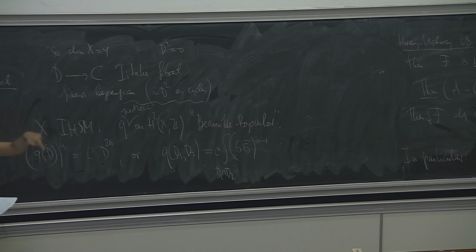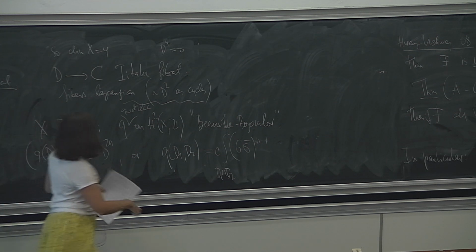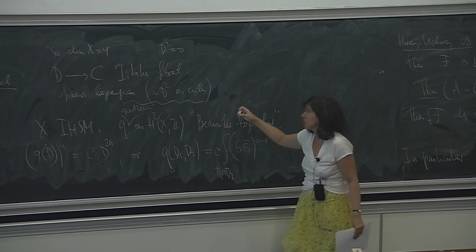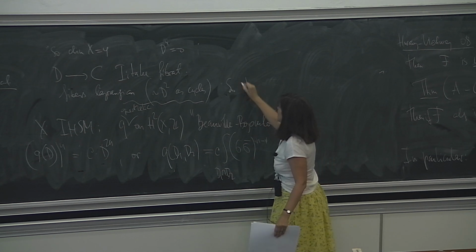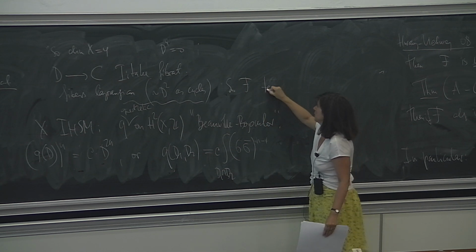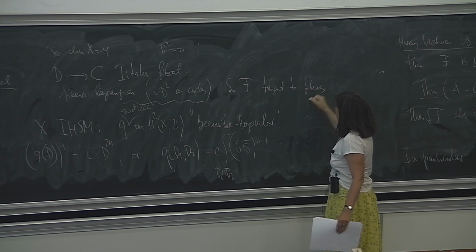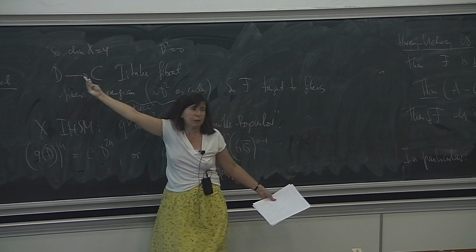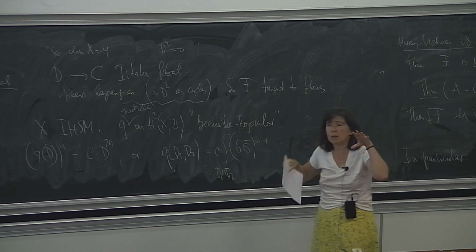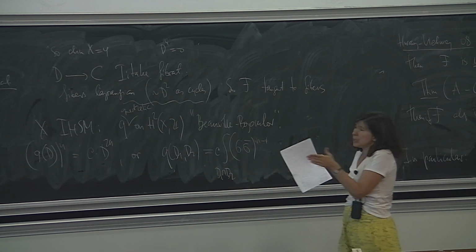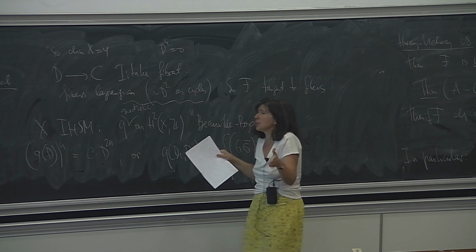So the characteristic foliation is tangent to those fibers. This is why it's important. They are Lagrangian. So F is tangent to fibers. But on the other hand, it's an Iitaka fibration. So the fibers have Kodaira dimension 0. These are minimal surfaces of Kodaira dimension 0.